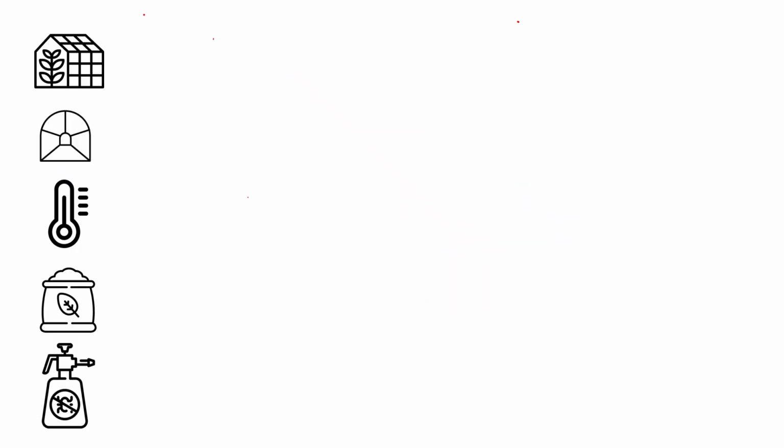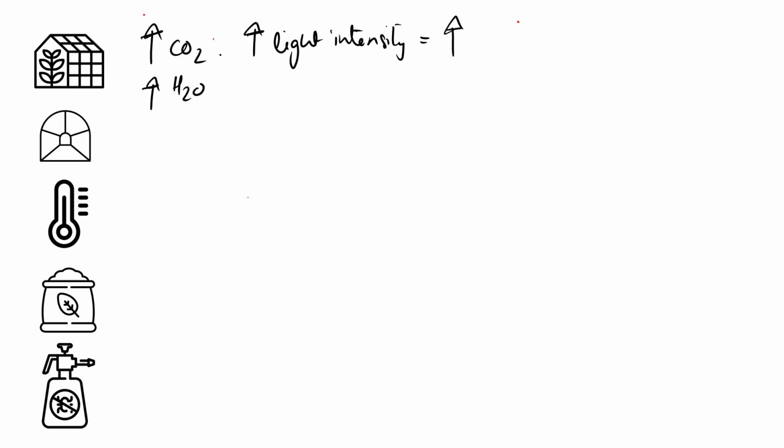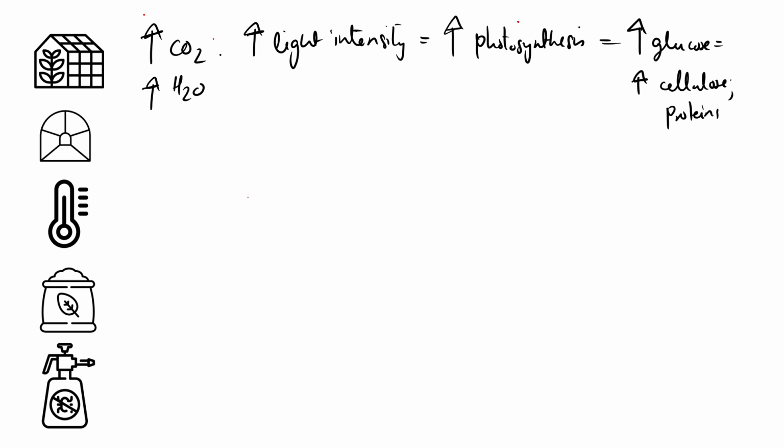So greenhouses help to maximize CO2 levels, water levels, and light intensity as well, which, as I mentioned in the previous slide, helps to increase photosynthesis, which helps to increase glucose, cellulose, proteins, everything. And what happens to yield, which means the product, is that it goes up, increases.